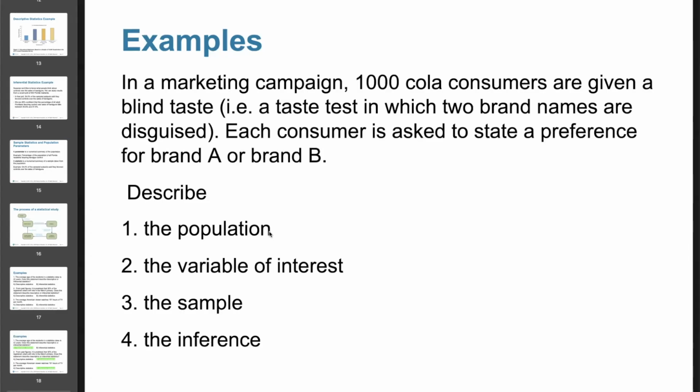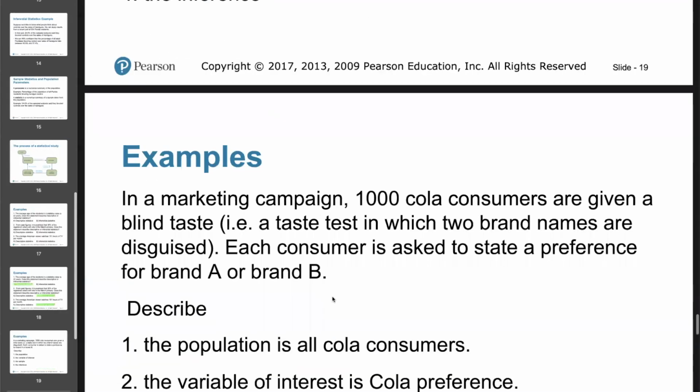By calculating the percentage of people who prefer brand A and the percentage of people who prefer brand B. So the inference will be around the percentage of the preference in this case. Okay, so here you have the answers.